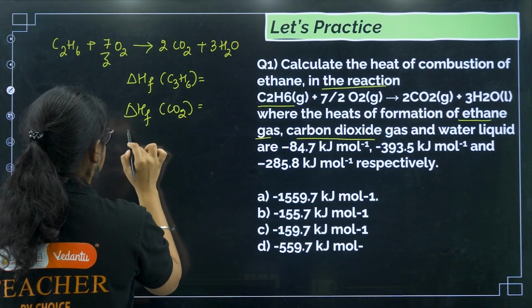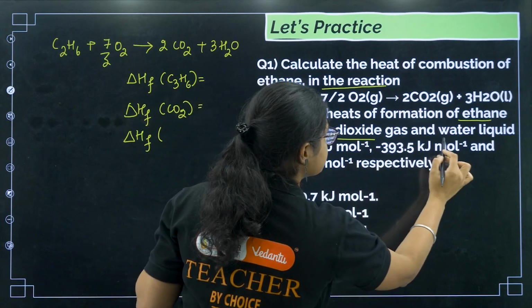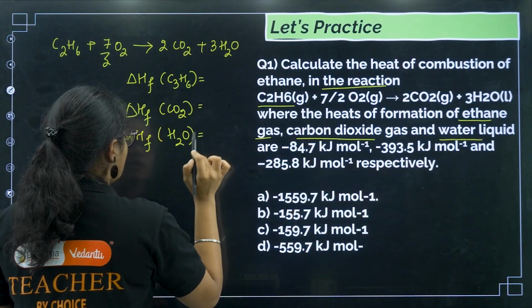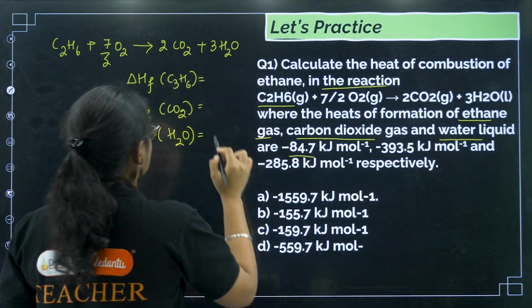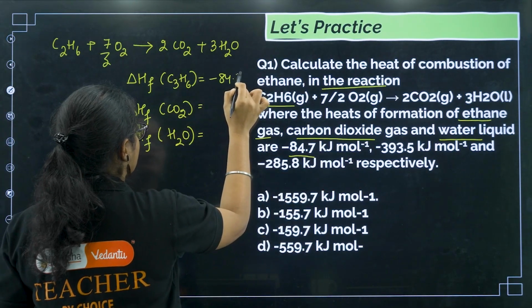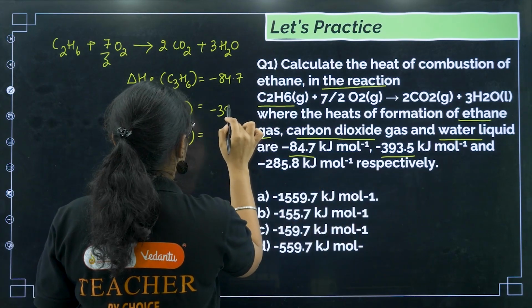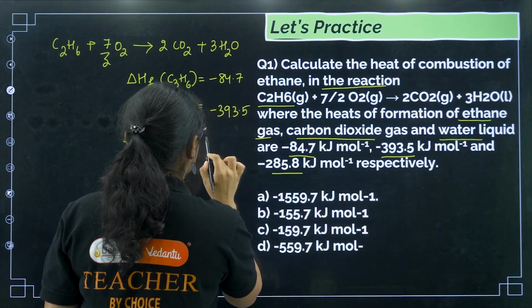Next you have delta H of carbon dioxide and water, liquid. Okay, fine. Now let us write down the values. We have -84.7 here. Okay, and next we have -393.5. Okay, and then we have -285.8.